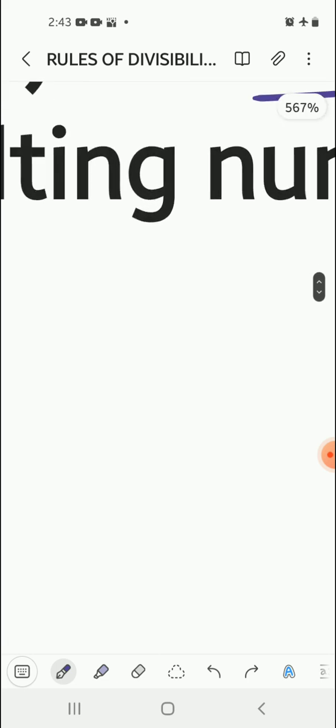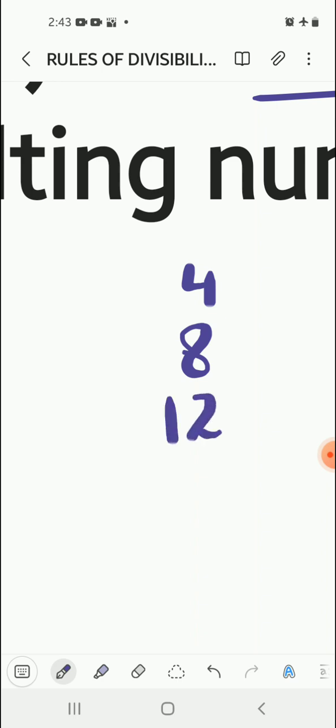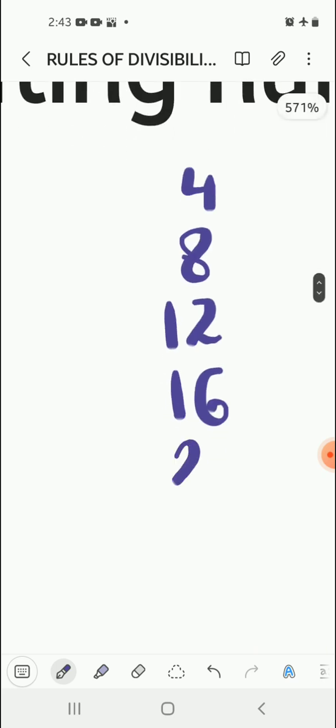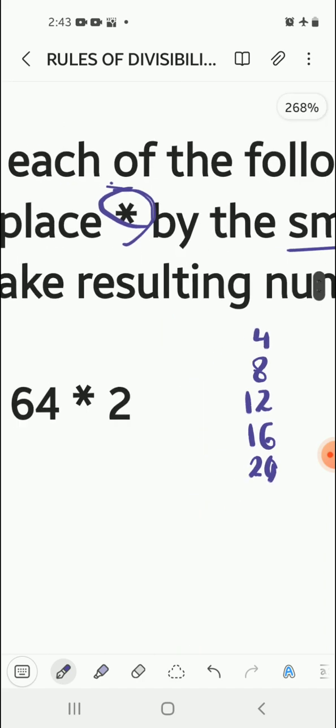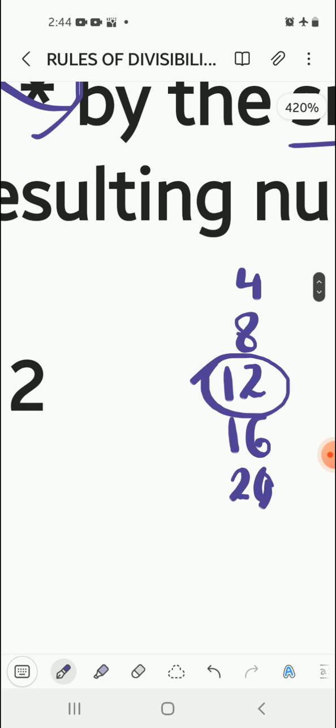If we write the table, 4 into 1 is 4, 4 into 2 is 8, 4 into 3 is 12, 4 into 4 is 16, 4 into 5 is 20. If we write it down this way, we see we have already got 12, where there is 2 in the units place.